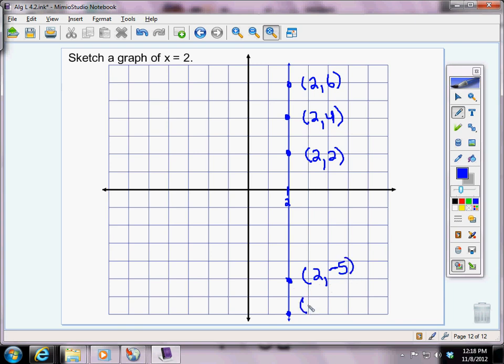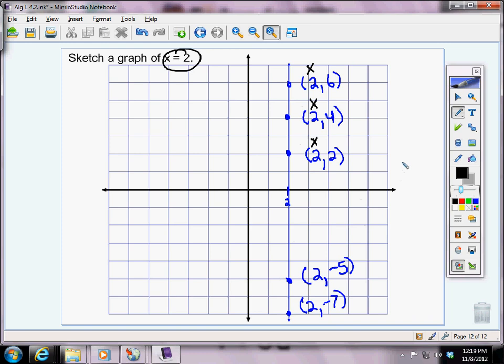This is the point 2, negative 7. Again, notice all of the x values are 2's. And that's what our equation says to us. We want a graph of x equals 2. Well, every x value on this line equals 2.